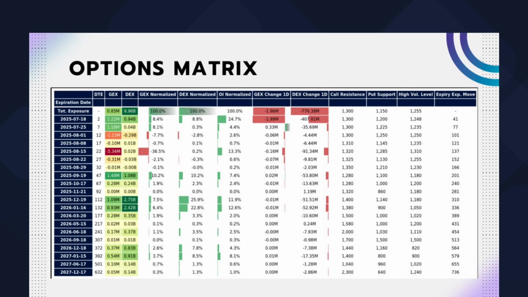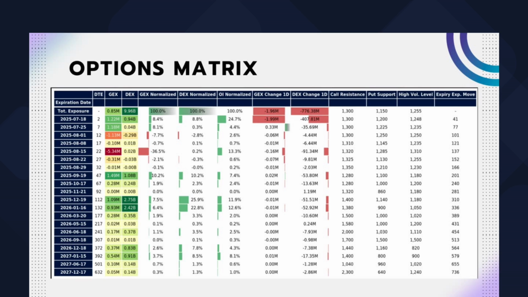But let's look at the matrix. This is the matrix that you see on the day of the earnings. What is very interesting is that for the expiration of July 18th, which was the weekly expiration from last week, at the beginning of the day, we saw an increase in negative gamma by about 2 million, and you see this from the column JEX change.